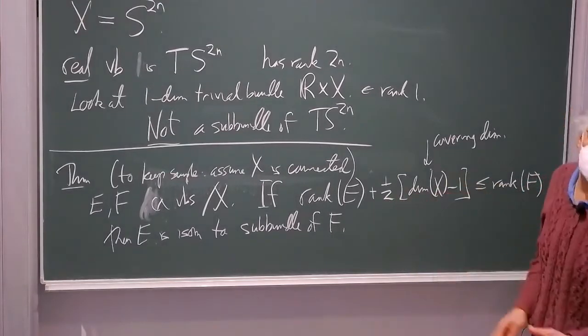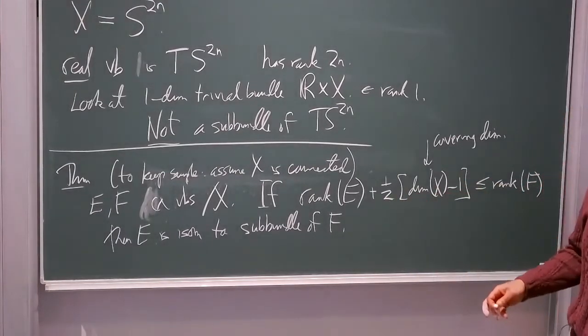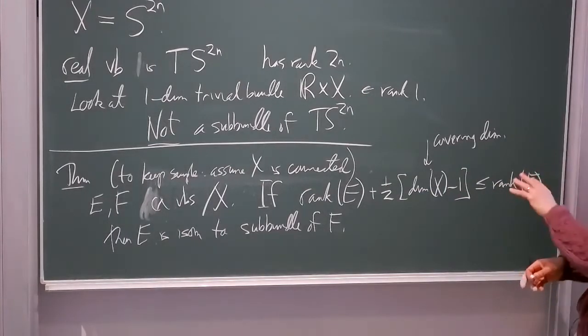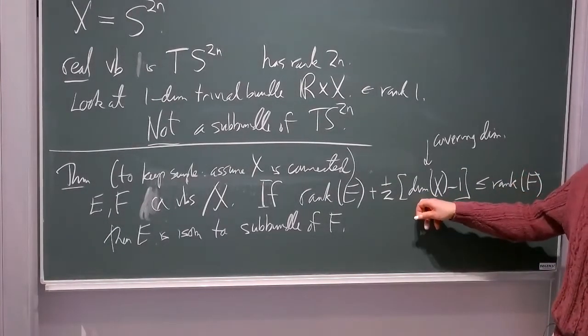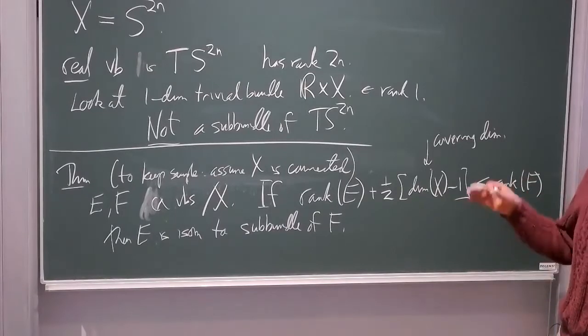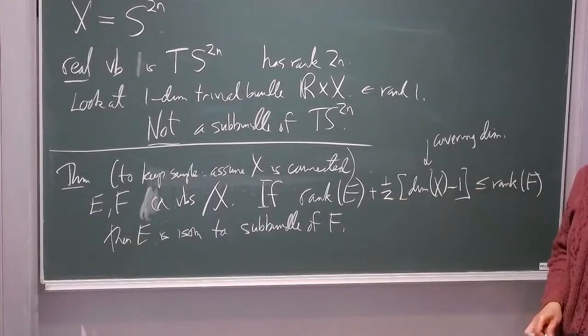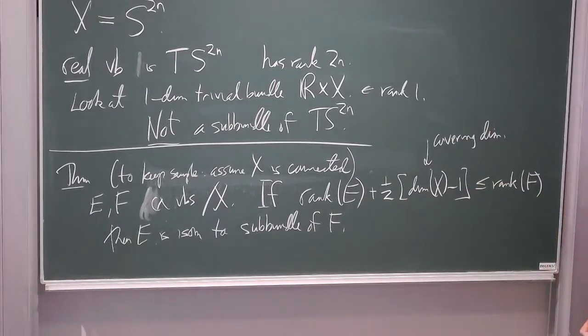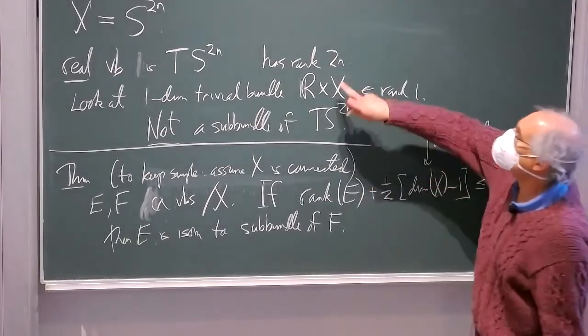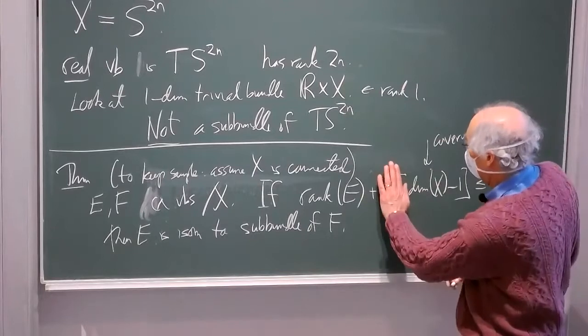Maybe slightly off. But yes, there are analogous theorems for real vector bundles in which you have roughly the dimension of X here. And also for quaternionic vector bundles in which you have something that's roughly 1/4 the dimension of X here. So if you go to the half, then it doesn't apply to the thing just above. Yeah, but you see, these are real ones, and so I should get rid of the 1/2.